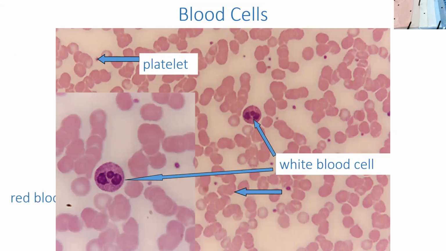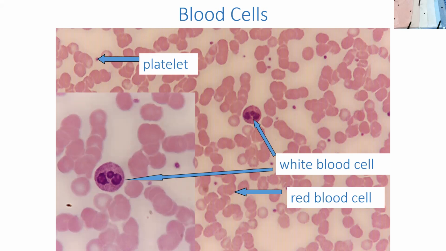And then everything else are the red blood cells. We have many, many more red cells per cubic milliliter than we do white cells. So a typical blood count of an individual would be about 5 million red cells, 5,000 white cells, and about 500,000 platelets in the same size sample.